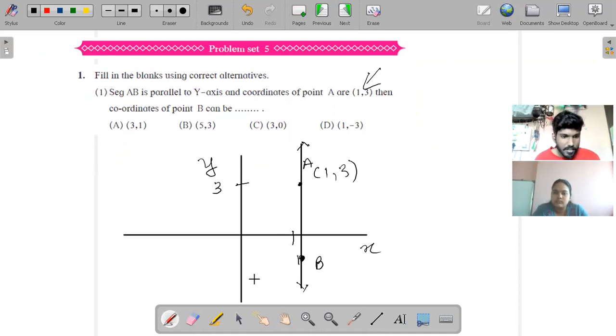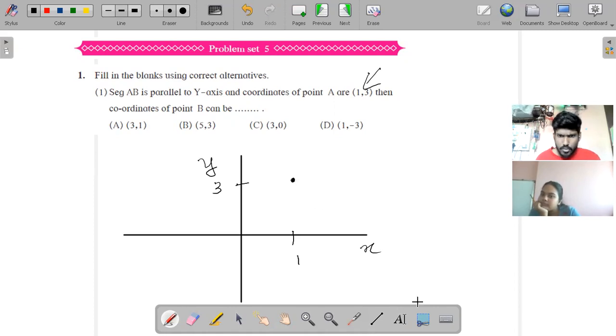Let's just draw the diagram a bit properly. So this is point A, and this is 1, 3. Now, suppose point B is here.